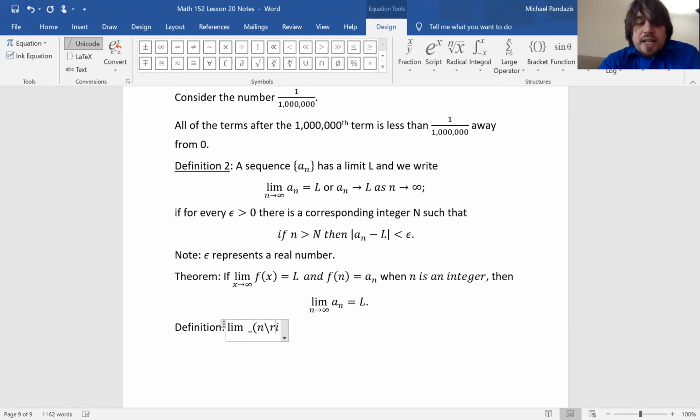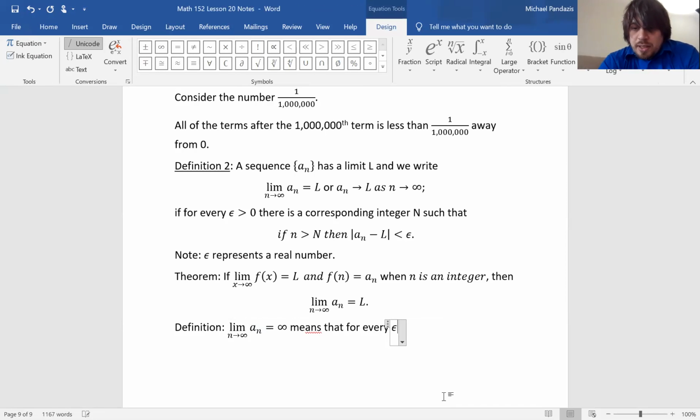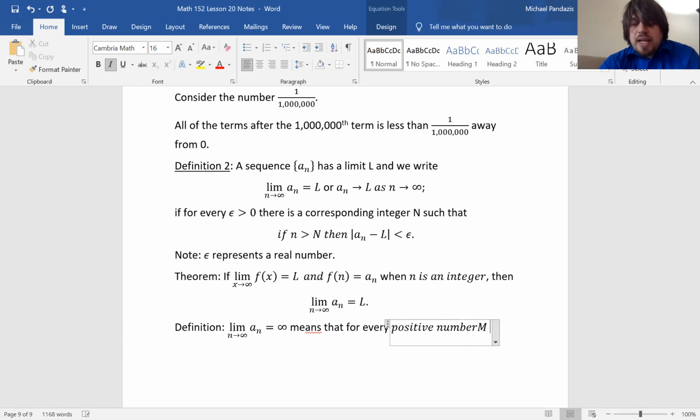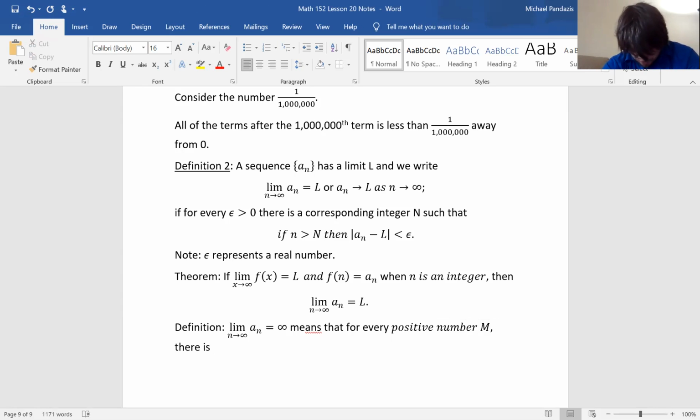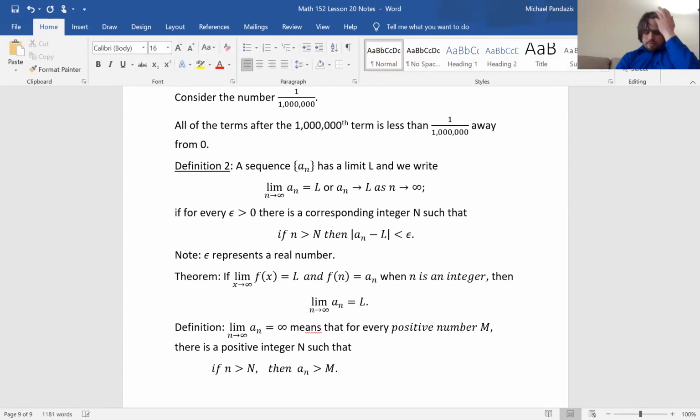The limit as n approaches infinity of a sub n is equal to infinity means that for every positive number capital M, there is a positive integer capital N such that if little n is greater than capital N, then a sub n is greater than capital M. Okay.